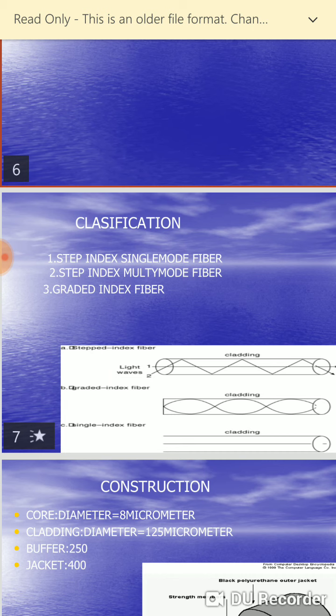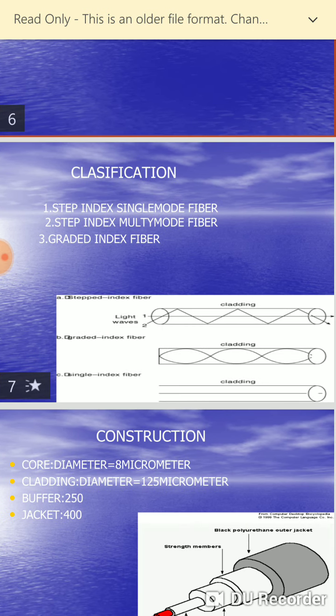Again there are two subtypes of optical fibers, single mode fiber and multimode fiber. Single mode fiber allows only one mode of light to transmit through the optical fiber, and multimode fiber allows multiple modes of light to be transmitted through the optical fiber. That is the difference between single mode fiber and multimode fiber.